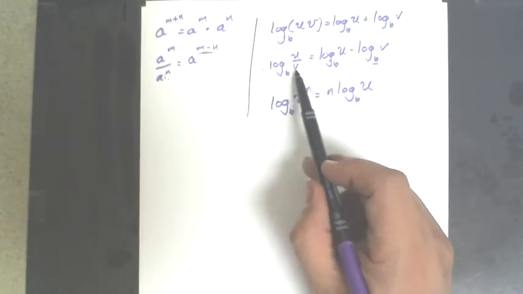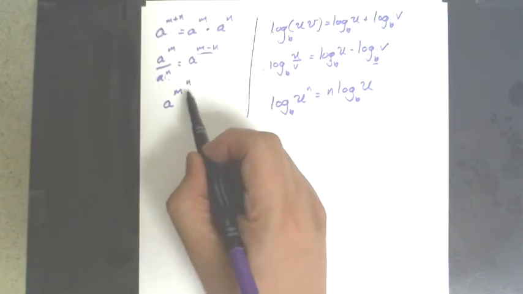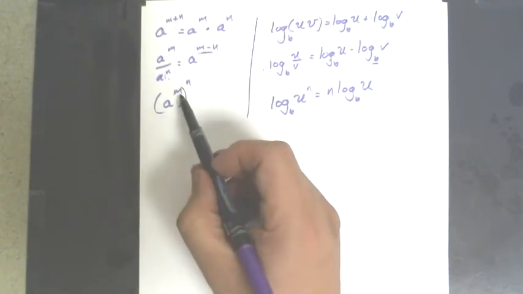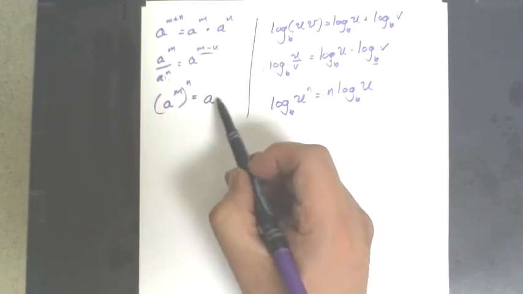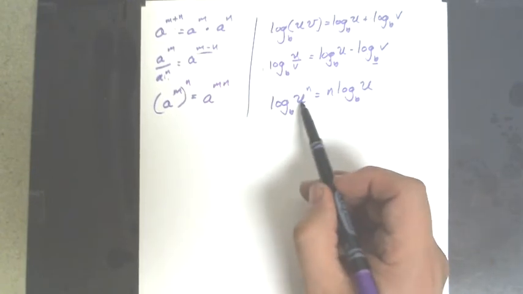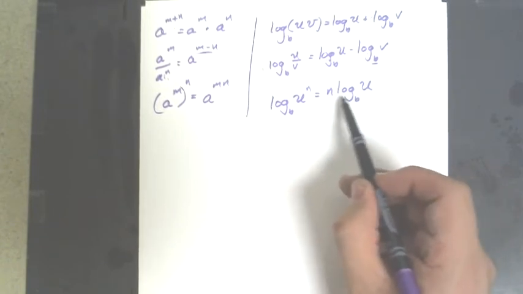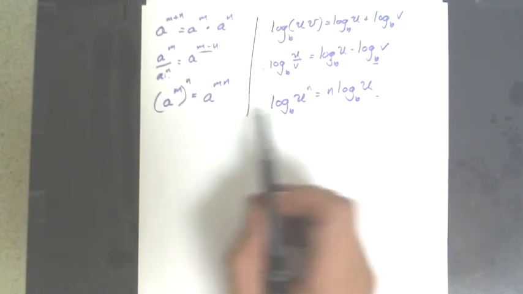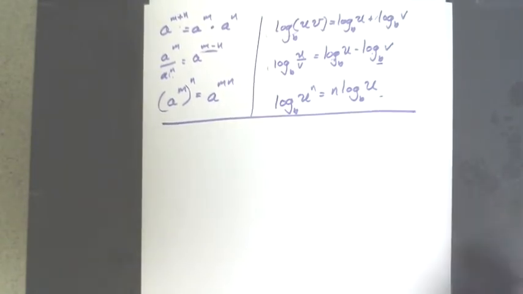A to the mn, when a power is raised to a power, when an exponent has an exponent on it, you multiply them. Well, what happens to the exponents when you have something raised to a power? You take that power and multiply it by the other exponent. This says this. It just says it in logarithmic form instead of exponential form.